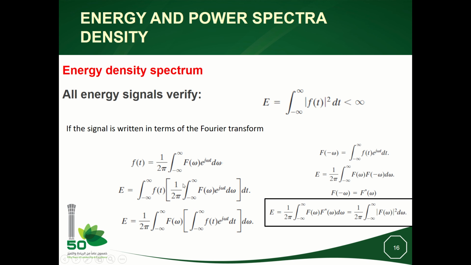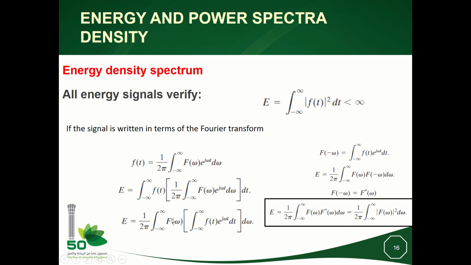I can put F of omega outside, and I will enter f(t) inside, and I will also replace the differential dt by d omega as here. But now if I evaluate this integral with respect to dt, I see that this part, which is between brackets, is exactly F of minus omega.